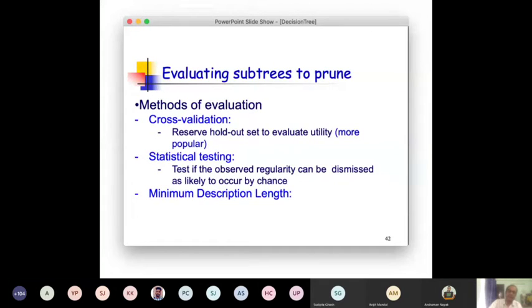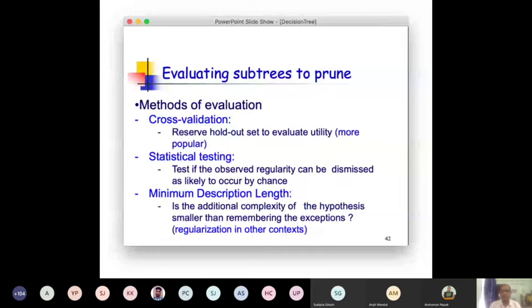Minimum description length is very interesting. Here you consider the size of the encoding of a hypothesis. If I consider the size of the tree, there are different methods of encoding a tree.